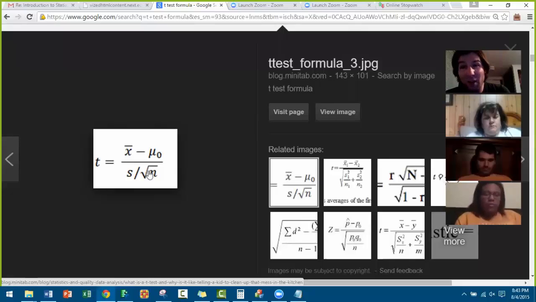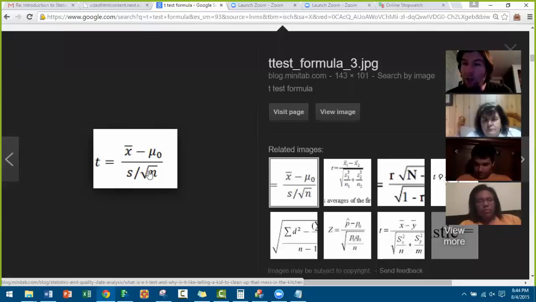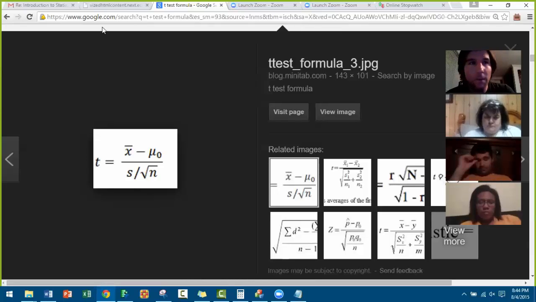And it's a standard error because it's an estimate where we are using the standard deviation. We're not using the standard deviation of a population here. This is from a sample, so it's a standard error. We're not using sigma, we are using S. Sigma is population standard deviation, where S is sample standard deviation, and we're using that to talk about the standard error of the distribution of means for this sample.